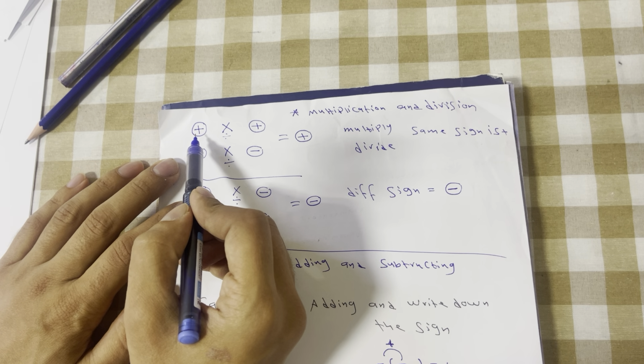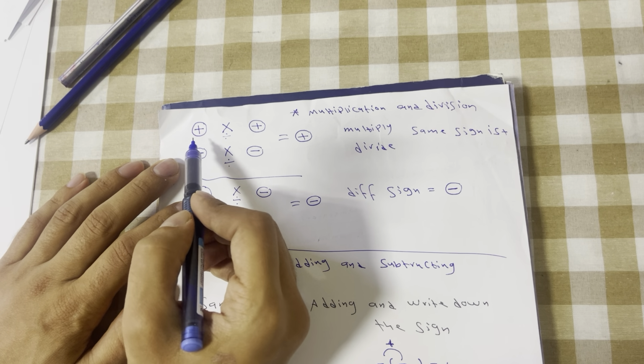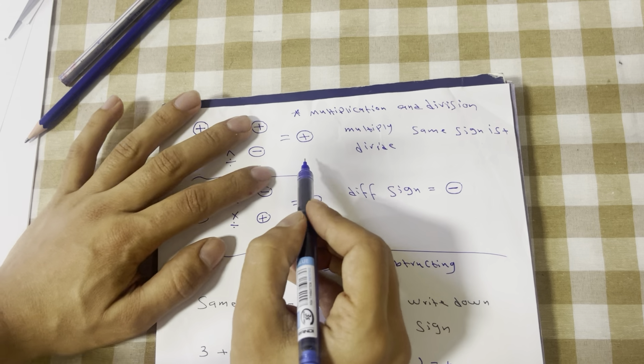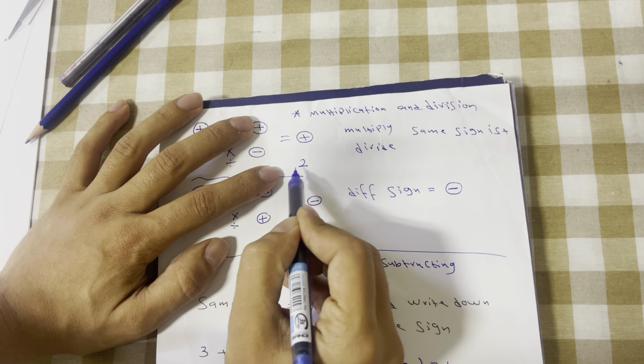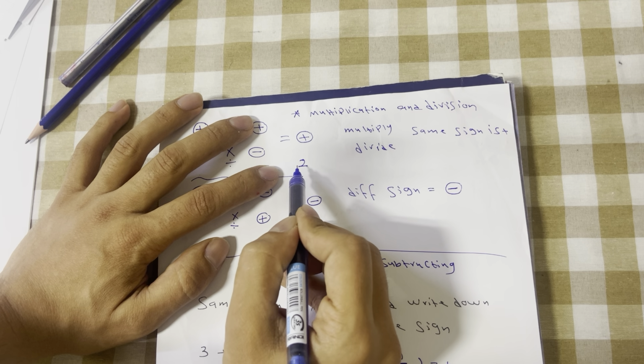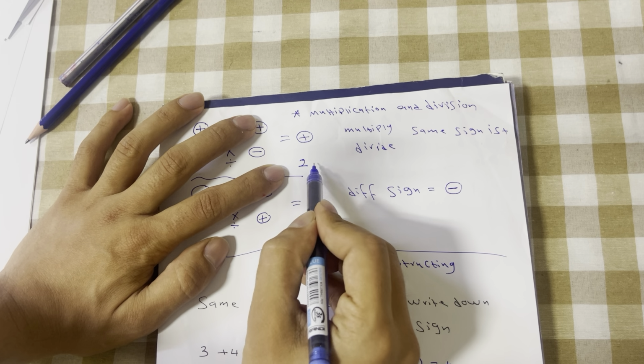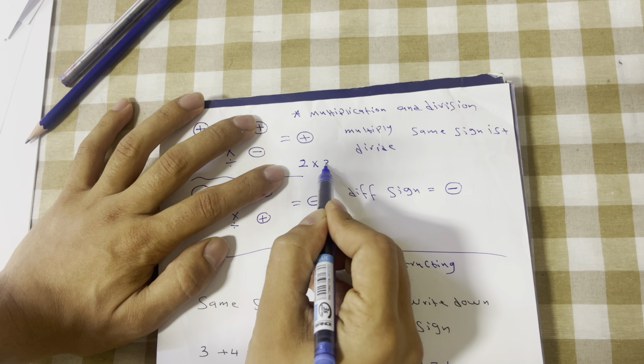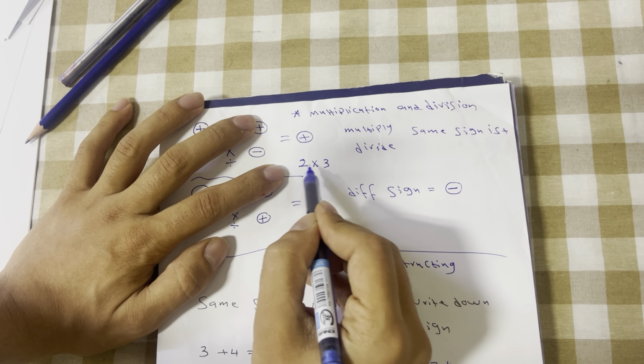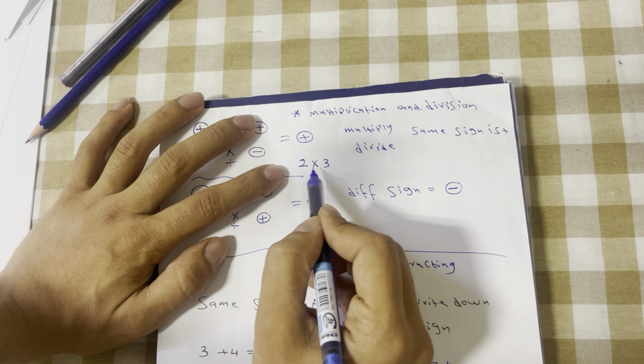So you must know that when we have two numbers or two integers, if they have the same sign, our result will be positive. Like what? Look at here. 2, this is positive. Why? Anytime if I don't write any sign, it means positive. 2 times 3, because the two integers are positive, the result will be positive.